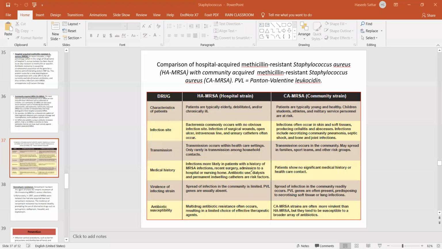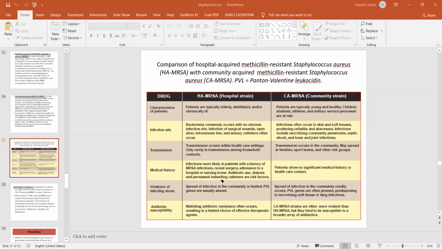For MRSA infections, if a patient has a previous history of MRSA infection, then he will have more chances of recurrent MRSA infection when he is admitted to the hospital again. Patients using antibiotics for a longer period of time, multiple antibiotics, patients on dialysis, or patients with too many catheters, like urinary catheter, nasogastric tube, intubation tube, cannulation, if you are doing these cannulations or catheters again and again, those patients will be at high risk.